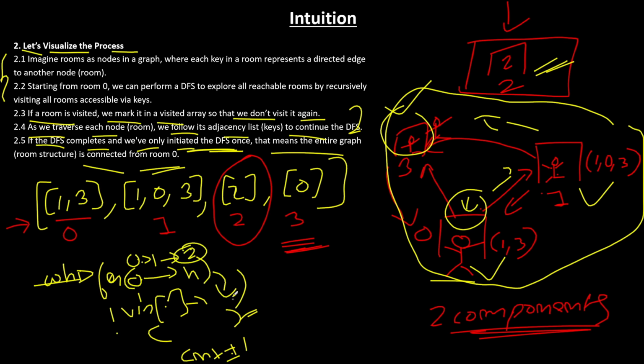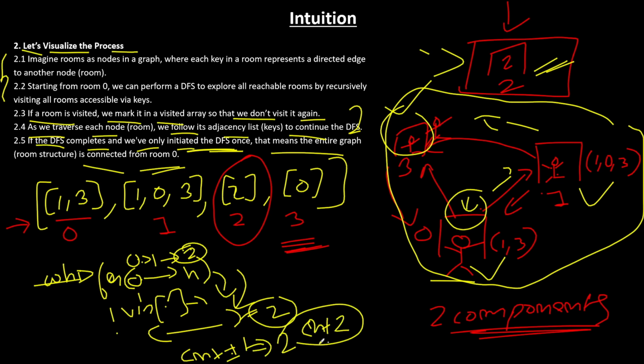So the DFS will be called again with source node 2. You will run the DFS here, come back, and the count will increase to 2. Then we check: since count is 2, there are two components and it is a disconnected graph. Therefore, we were not able to visit every room starting from the initial room 0.